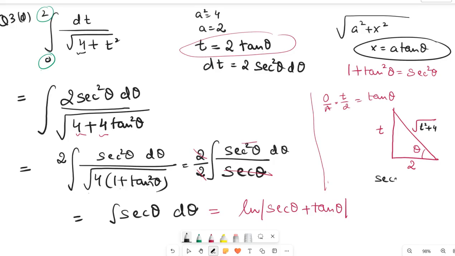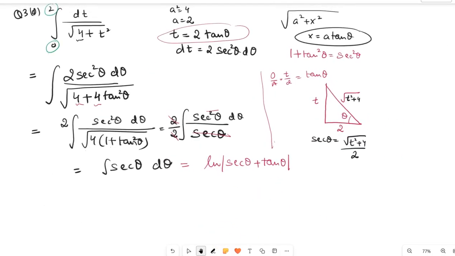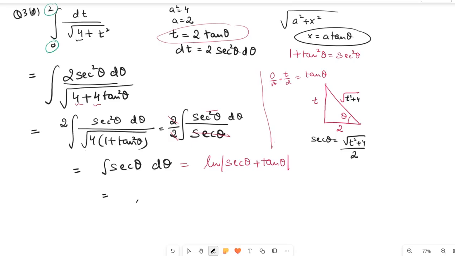That means secant theta should be equal to hypotenuse, square root of t squared plus 4, by adjacent. So we can write natural log of, in place of secant, square root of t squared plus 4 by 2, and in place of tangent is t by 2.